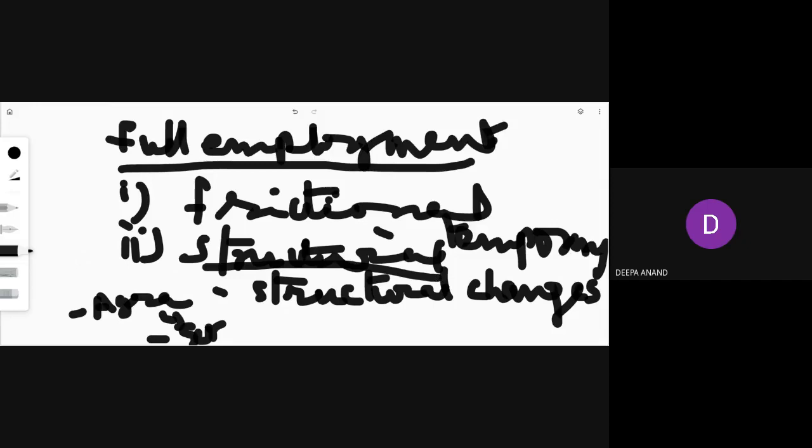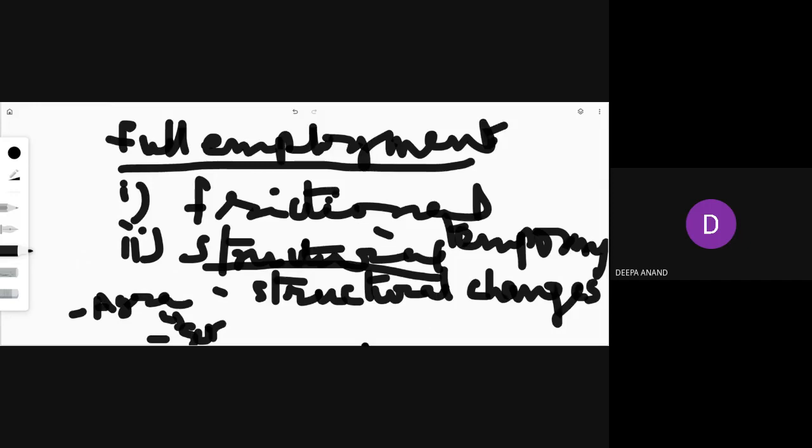Or another example, you can say computerization. Computerization was done in the railways and many firms and industries, where people were doing the work traditionally. Due to computerization, workers who do not possess enough knowledge of computers were thrown out of their jobs. Either they will be unemployed, or they have to retrain.